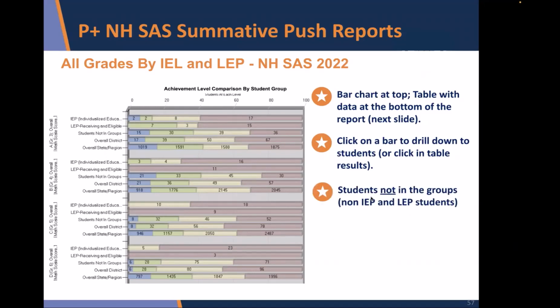Here we have the students. I want to just make sure these are your IEP students. These are your LEP students. And then these are students that are not in those groups. Here's what your overall district is. And then your overall state or region.